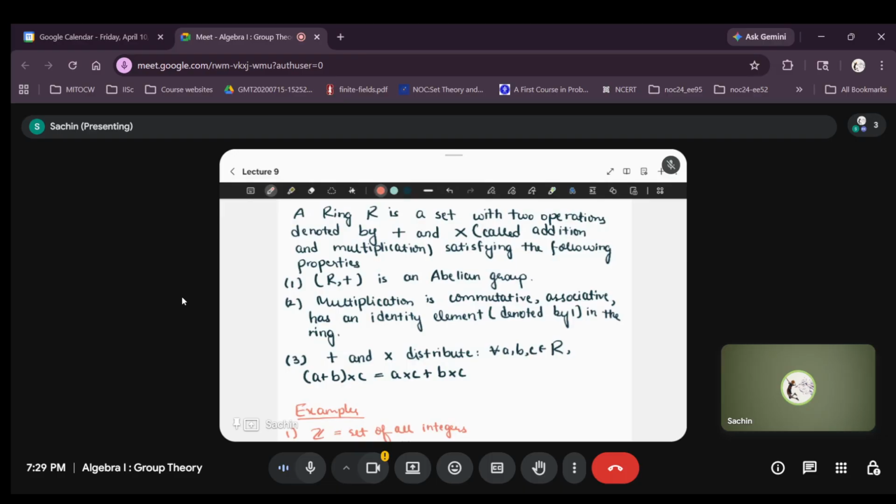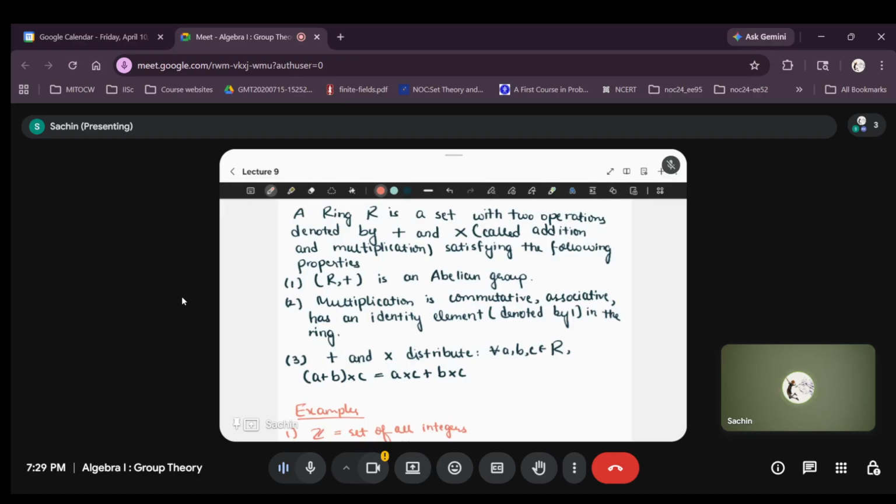So excluding zero, if the set is abelian with multiplication also, then that would be a field. Anyway, we'll come to fields later.